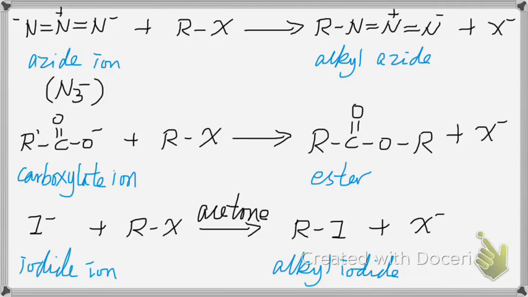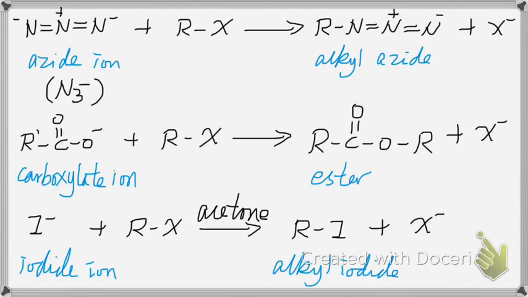And after the reaction, sodium chloride or sodium bromide as a byproduct, both of these two products will be insoluble in acetone. So sodium chloride or sodium bromide will precipitate out of the reaction mixture, which will drive the reaction to completion.